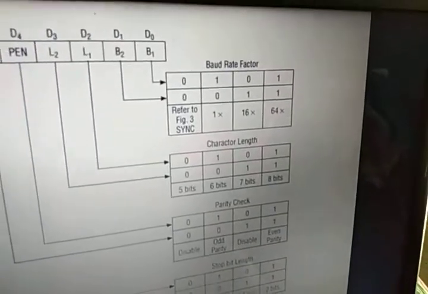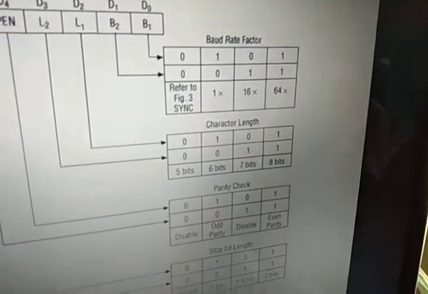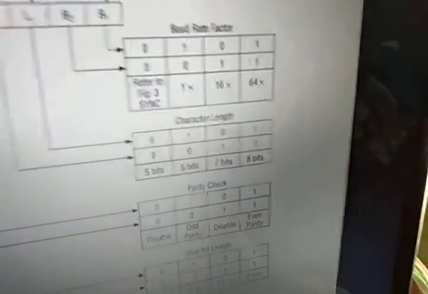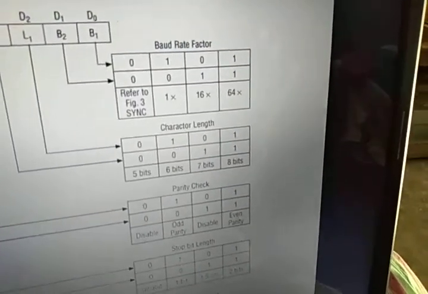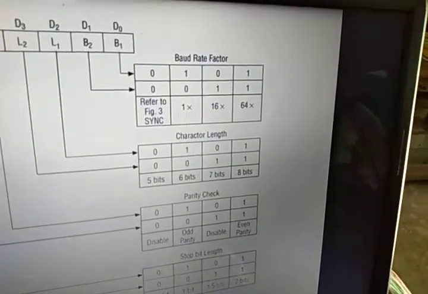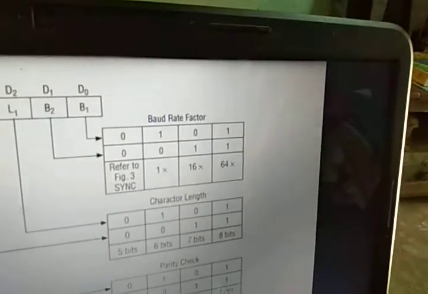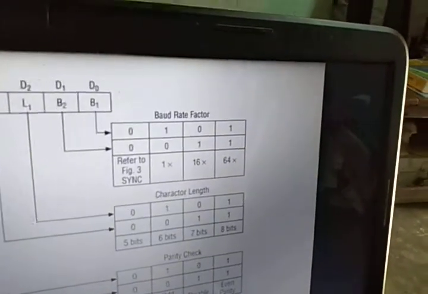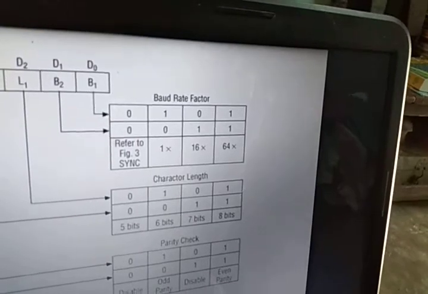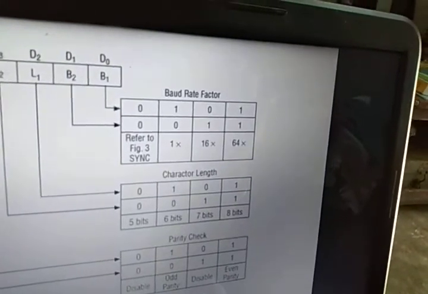The next two bits, L2 and L1, tell the length of the character size. The character can be either 5 bits, 6 bits, 7 bits or 8 bits depending on the bit combination of L2 and L1. And the next one tells the baud rate, the number of characters that we are going to transmit per second. Since there are 2 bits to specify the baud rate, there will be 4 combinations.